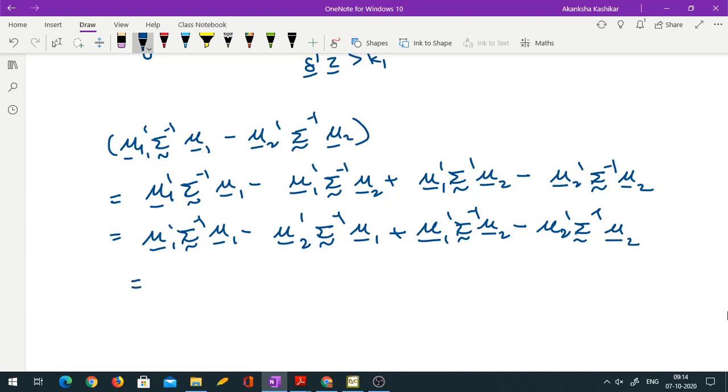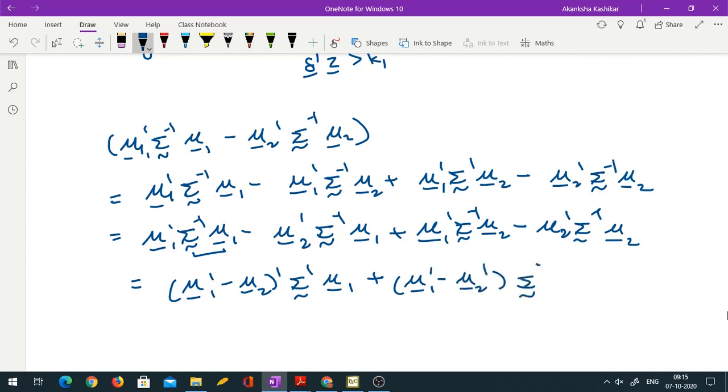So from the first two terms, if I take sigma inverse mu1 common, I am left with mu1 prime minus mu2 prime sigma inverse mu1, plus from here I will have mu1 prime minus mu2 prime sigma inverse mu2.